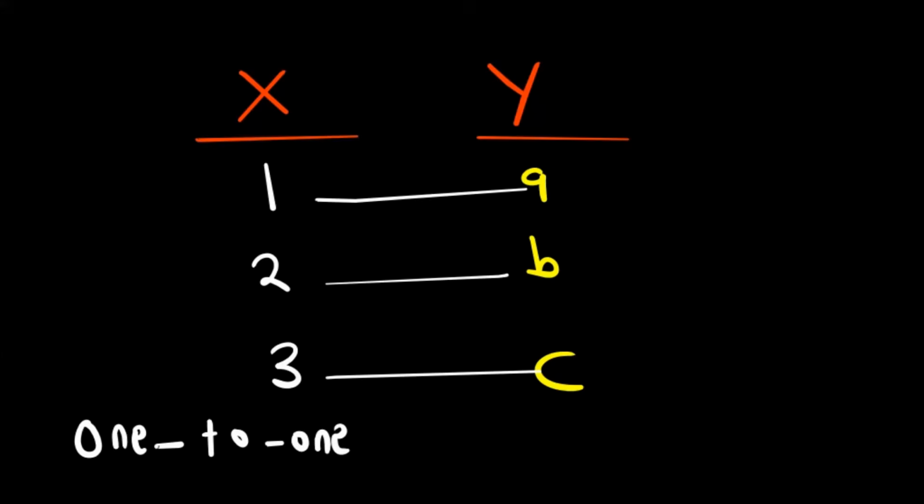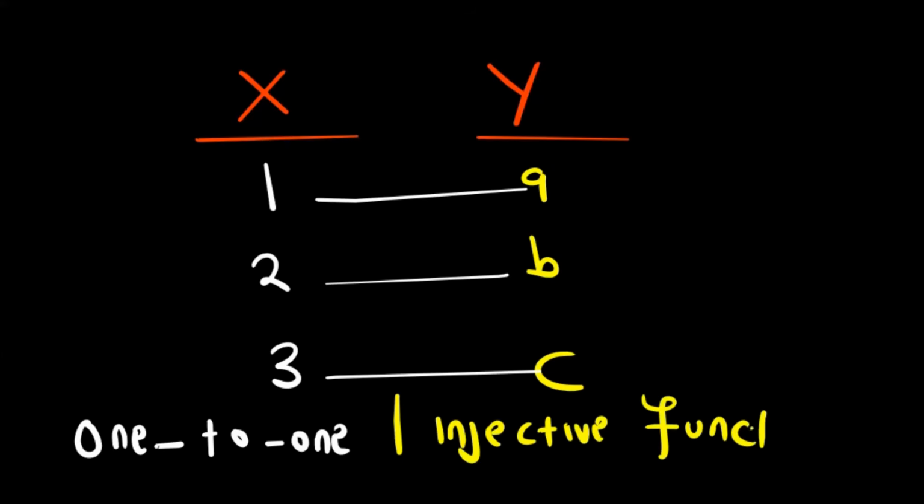Every x value is mapped to some y value. This is called a one-to-one function. You can also call it an injective function. That is very important for us to know.